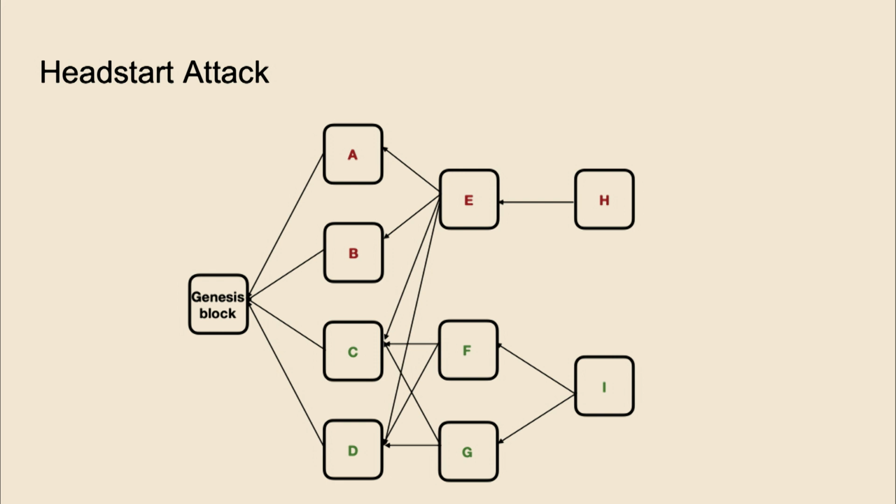The other chain of tip sets ends at block I. It consists of all honest blocks: blocks C, D, F, G, and block I. Although blocks C and D are mined by honest miners, they are actually shared by both chains of tip sets.